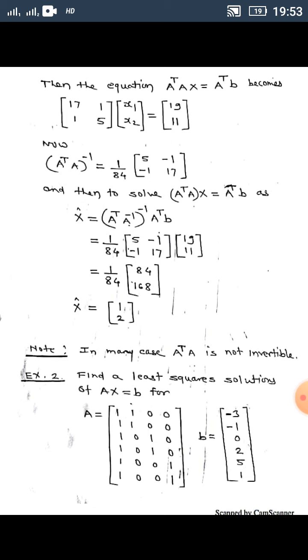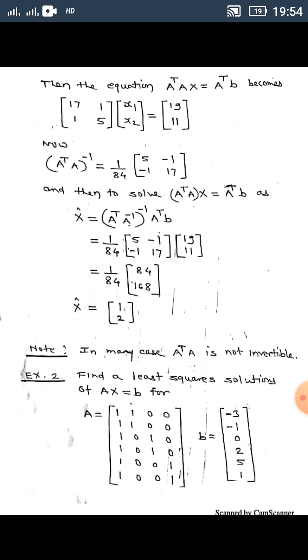So we can write X as x1, x2 equal to A transpose B, which is 19, 11, also calculated and substituted here. Now we want the X vector, that is the inverse of 17, 1, 1, 5, the A transpose A matrix.